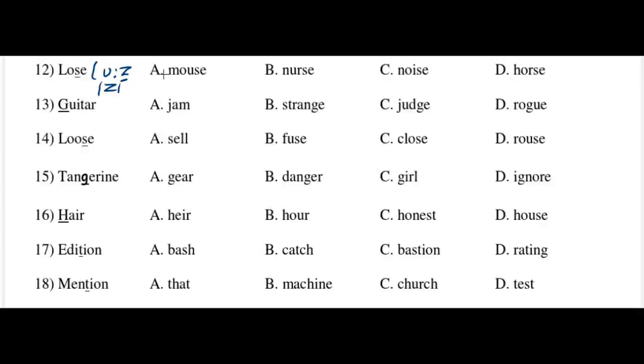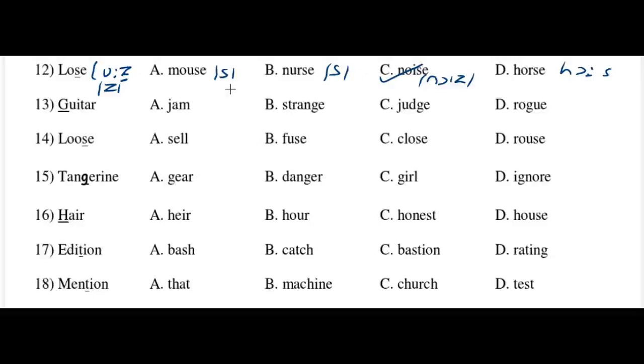We have A, mouse, S. B, nurse. C, noise. And D, horse. So the only one that contains z is noise, and that makes option C the correct answer.